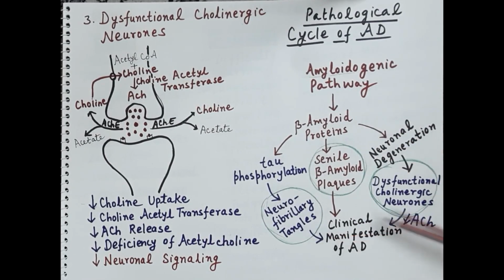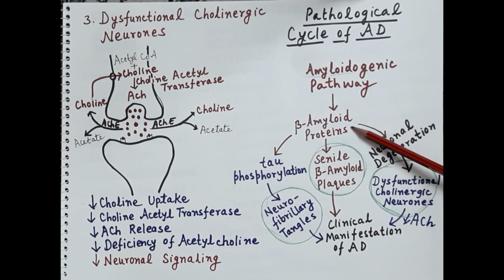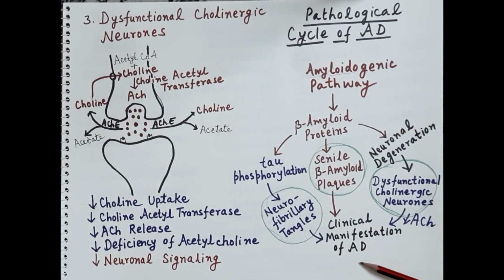Now this is a pathological cycle of Alzheimer's disease where all the three hallmarks are found to be present. Because of the amyloidogenic pathway, there is excessive synthesis of beta amyloid protein, and this beta amyloid protein forms senile beta amyloid plaques, and these plaques block the neuronal junctions, which are responsible for the clinical manifestation of Alzheimer's disease, that is impairment of memory and cognition.